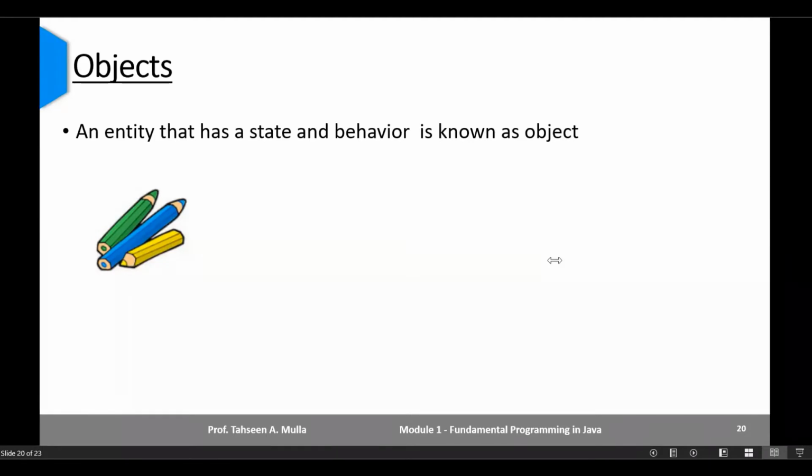Very good. Shubham said color. Yeah, size, length, very good. Lead size, color, good. Okay, graphite quality, brand. Yeah, that's also a good point. So these are different attributes of an object.